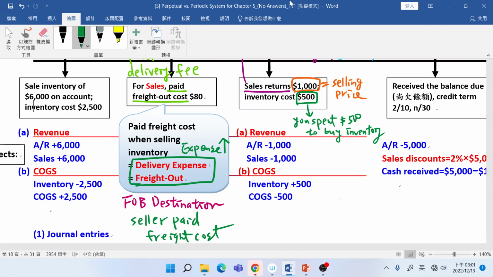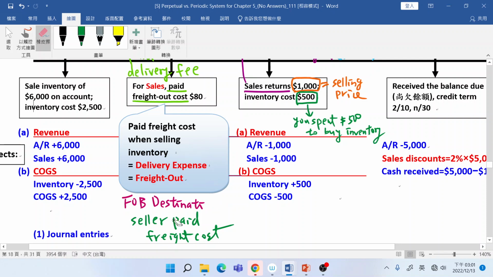Remember how many things you record on June 1st? 2 things. First about revenue. Second thing about cost of goods sold. When you got the returned inventory, you still have to record 2 things. But what's the difference? The difference is they are upside down, right? They are in the opposite situation.